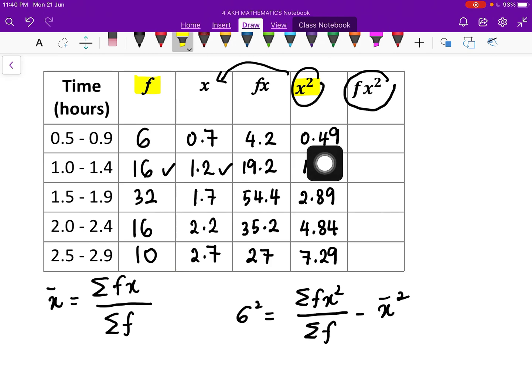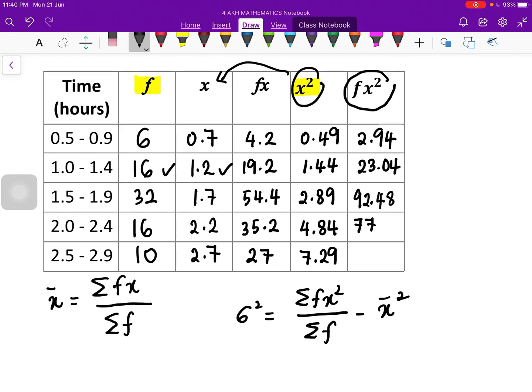So 6 times 0.49, you will get 2.94. Okay, next 16 times 1.44, 23.04. Then continue 92.48, and then 77.44, and then last 72.9.